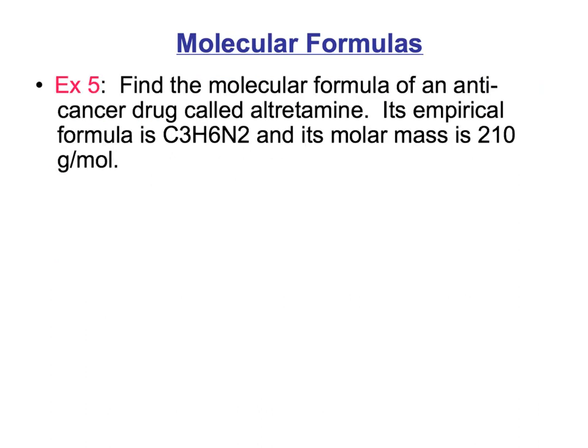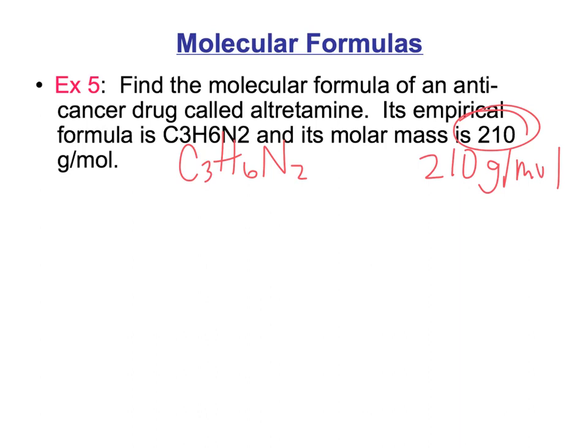With this example, I just said to find the molecular formula of an anti-cancer drug. Its empirical formula is C3H6N2. This is its simplest whole number ratio. But the molar mass of the overall compound is 210 grams per mole. So what we need to do is figure out the molar mass of my empirical formula.